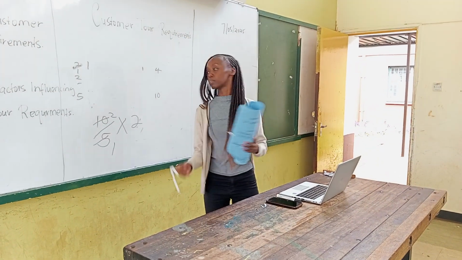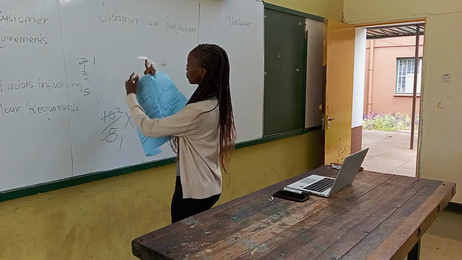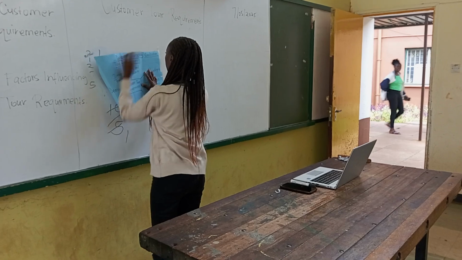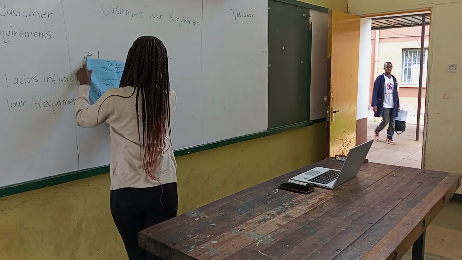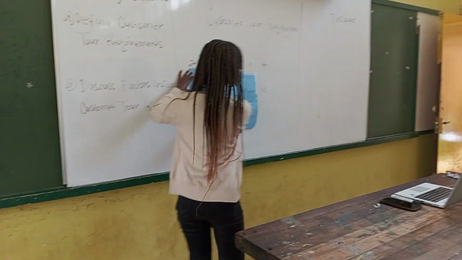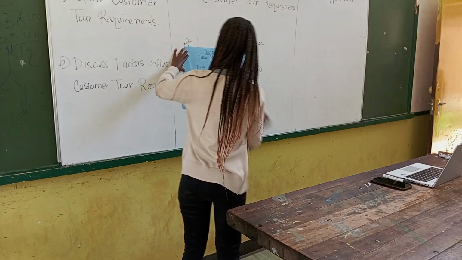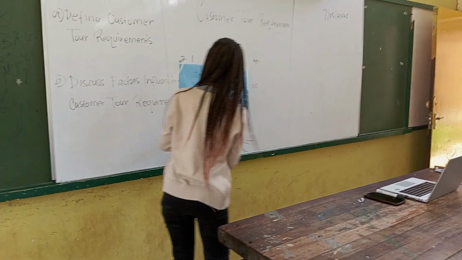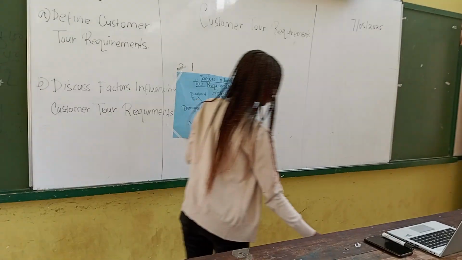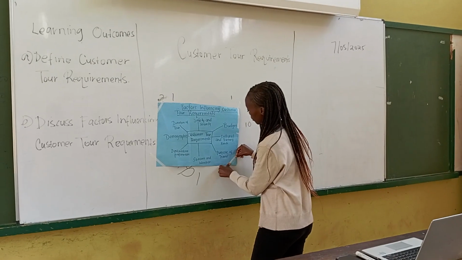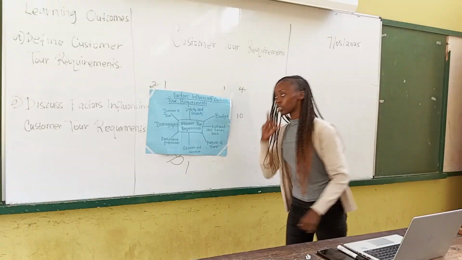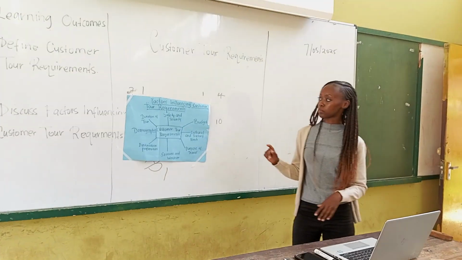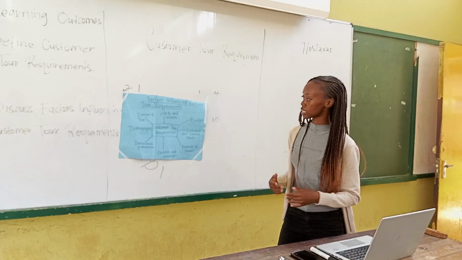Is it visible to everyone? So this chart shows the factors that influence customer tour requirements, and we'll go one at a time.